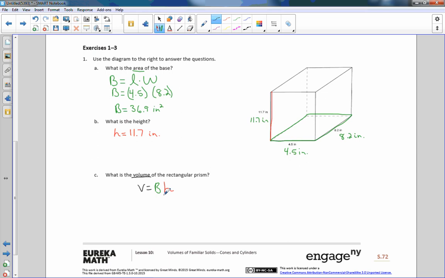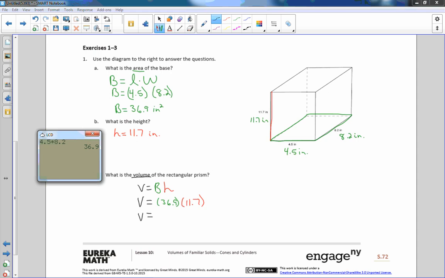Okay, so we're going to solve this. So V equals B. B is 36.9. So I write 36.9 times H. H is 11.7, so it's times 11.7. So multiplying that, get the calculator back out.